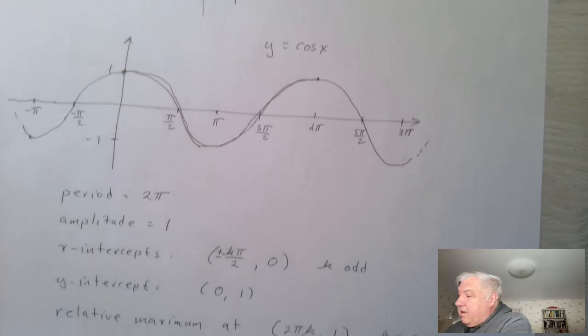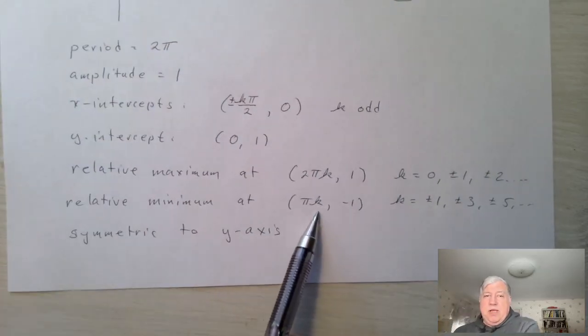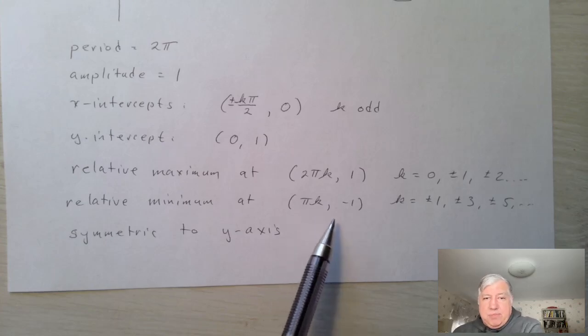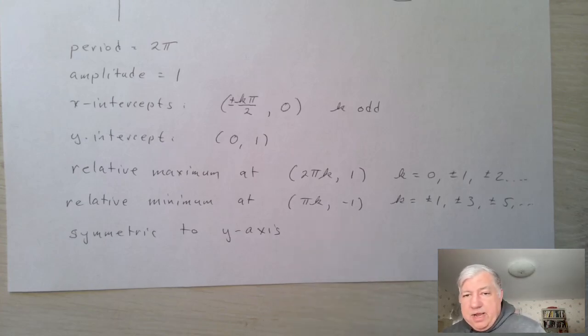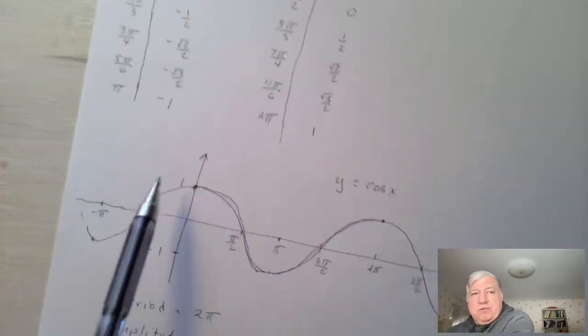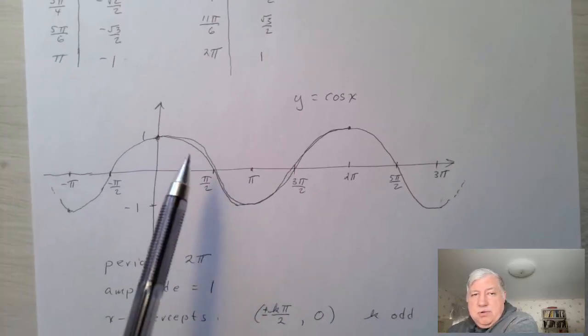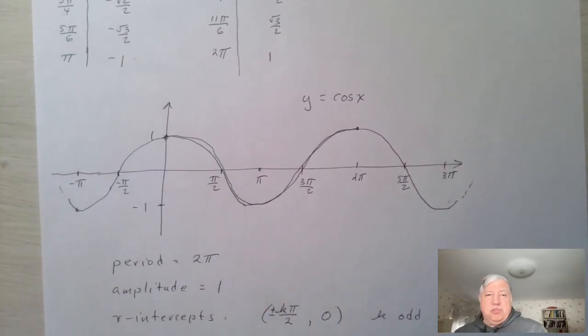So it's going to be some odd number times pi. That's when the relative minimum happens. And of course that occurs at negative 1. And of course it's an even function, so it's symmetric with respect to the y-axis, which all graphs of even functions are.